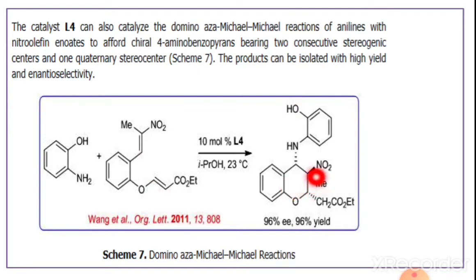That means the formation of benzopyran bearing two consecutive stereogenic centers and one quaternary stereogenic center, and the products can be isolated with high yield and enantioselectivity, and this is a simple domino asymmetric reaction.